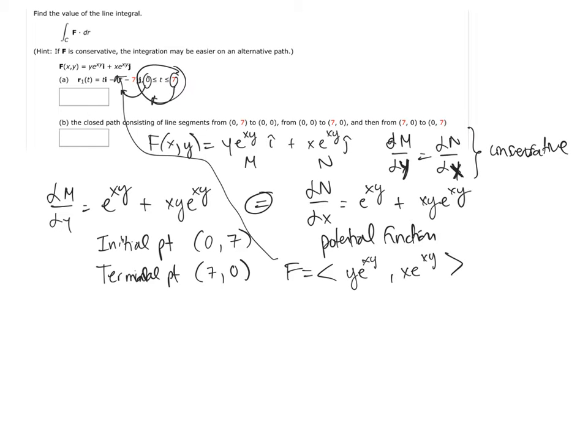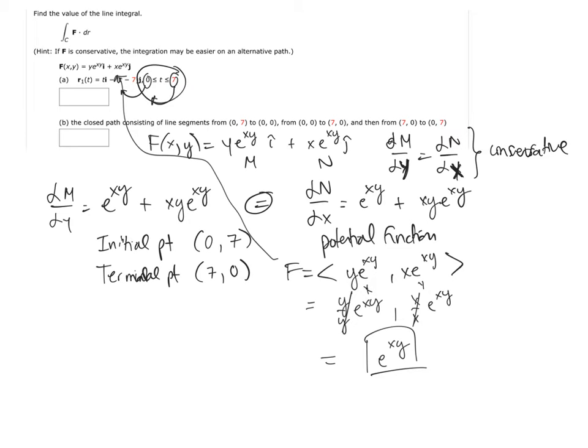I take the integral with respect to x here and then with respect to y here. If I take the integral with respect to x, I treat y as the constant. So I have y over y e^(xy), and then x over x e^(xy). So this cancels, you get e^(xy), and this is your potential function.